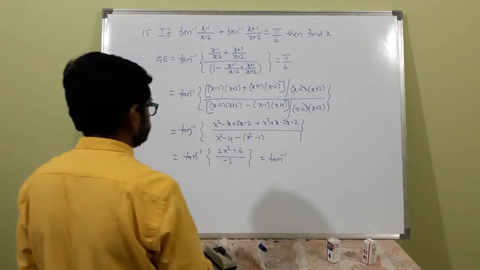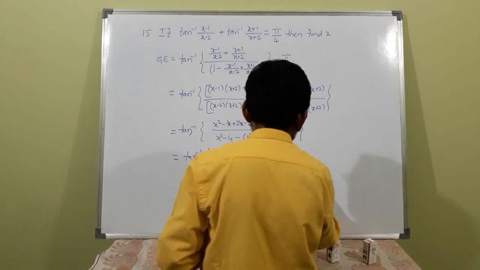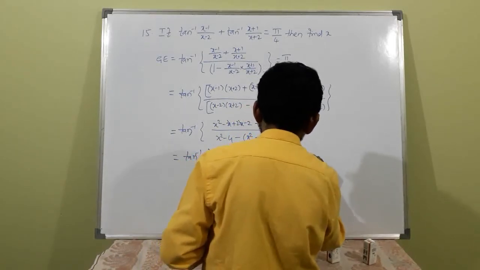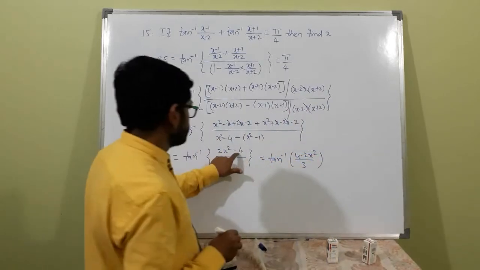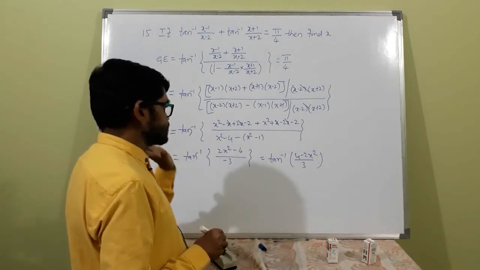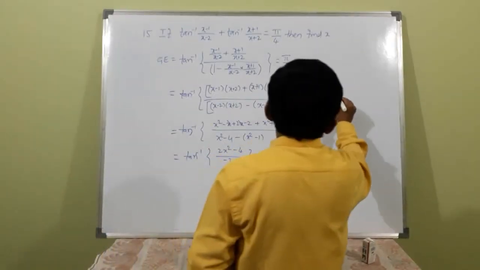That is equal to tan inverse of 4 minus 2x squared divided by 3. I took minus common, minus get cancelled, is equal to 5 by 4 is here.